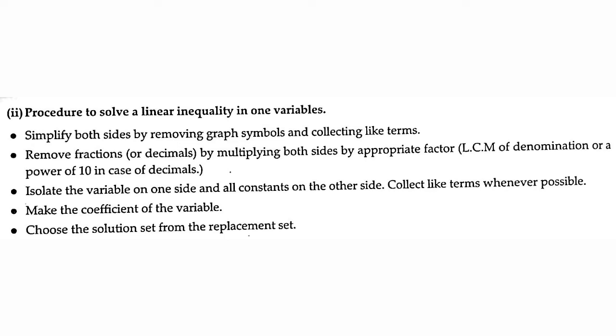Next is the procedure to solve a linear inequality in one variable. So the first point is, simplify both sides by removing grouping symbols and collecting like terms. Next, remove fractions or decimals by multiplying both sides by an appropriate factor, means the LCM of the denominators or a power of 10 in case of decimals.